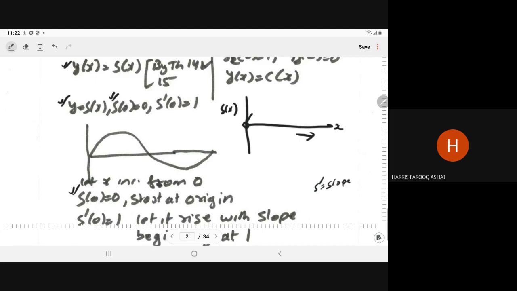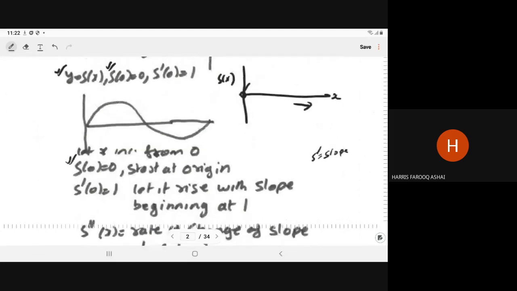It rises on the positive side. Let it rise with the slope beginning at 1. Now your graph starts from origin and it rises on the positive side of the s due to s dash is equal to 1, a positive value.